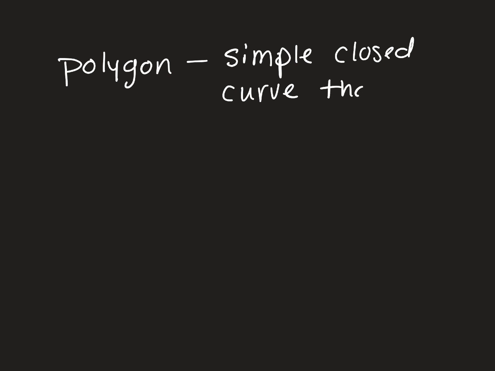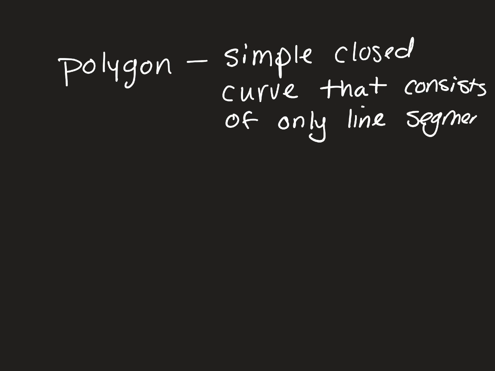But it's made of only segments. Since it's made of line segments, all of the sides are straight lines. I know it's kind of hard to draw without picking up your pencil, but it can be done.